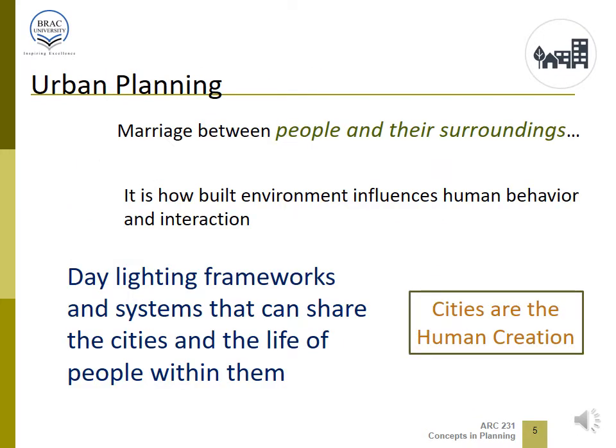So urban planning deals with people and their surroundings. This is how the built environment influences human behavior and interaction. So city is certainly a place where humans are actively performing. So it's a guiding framework and a system that can shape the cities and the life of people within them.